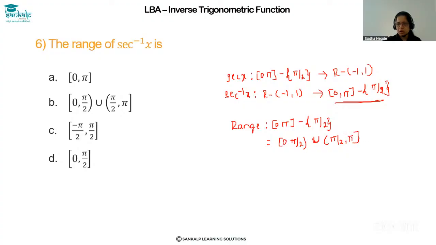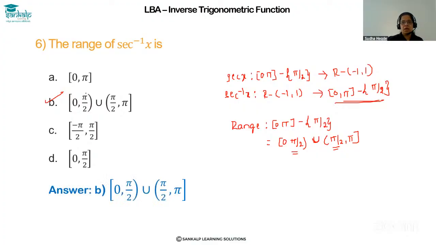Okay, 0 and pi should be there. Pi by 2 should not be there. So in this case, you take open here. Therefore, option B is the correct answer: closed 0, open pi by 2 union open pi by 2 to pi closed. That is the required answer. Thank you.